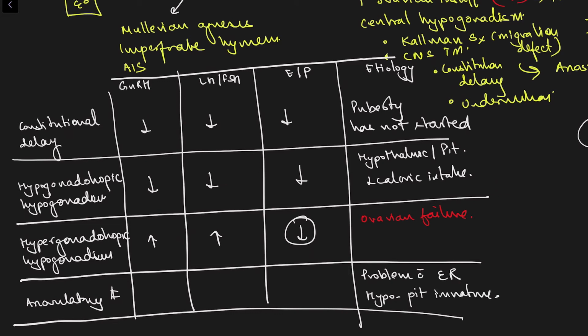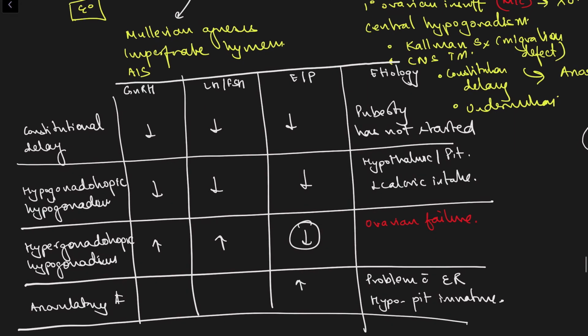Estrogen will be high, but it will not be acting on its receptor. But these hormones, LH, FSH, they will be normal, while GnRH can be increased or decreased depending upon the condition. In case of prepubertal states or hypothalamic pituitary immaturity, GnRH will be low, while in case of problems with the estrogen receptor, the GnRH will be high.